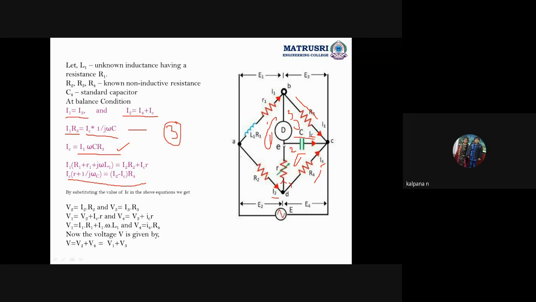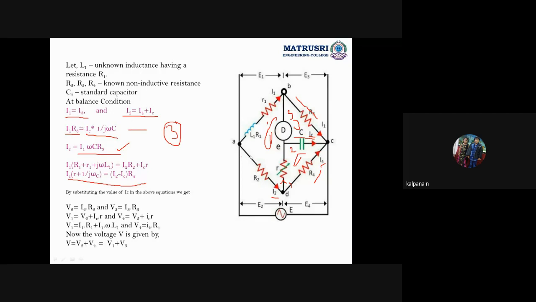Second is what? Voltage drop across BC is equal to voltage drop across EC. Next, another one is voltage drop across R4 is equal to voltage drop across these two, R plus C.